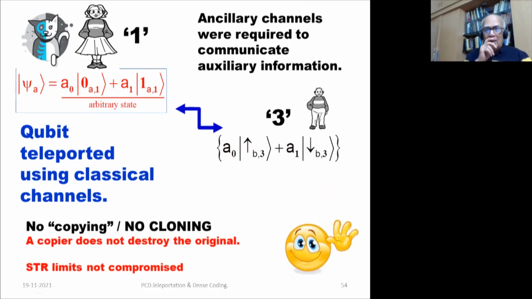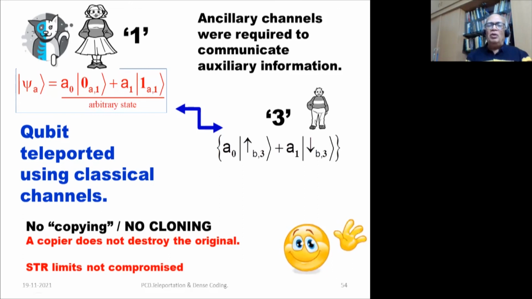Essentially, we find that the selection of the Bell state in which Alice entangles qubit 1 and 2 can vary. In the previous example, it was Bell state number 4. This time it was Bell state number 3. And we can have this kind of discussion even with other Bell states.